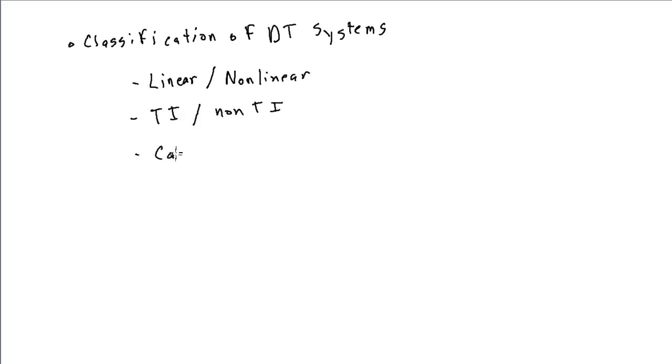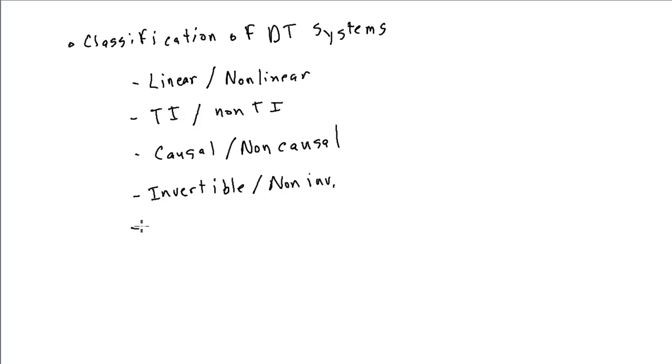We can have causal and non-causal systems, invertible and non-invertible, stable and unstable, and then finally memoryless and then systems with memory.